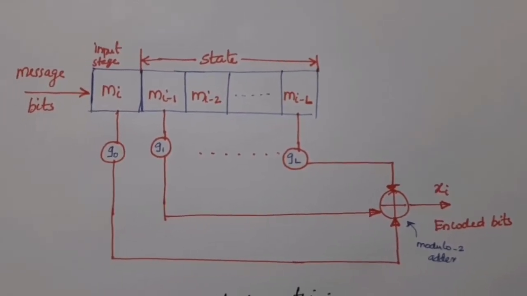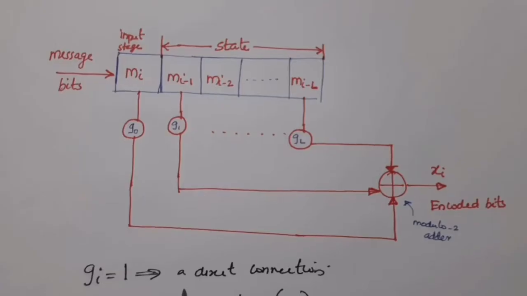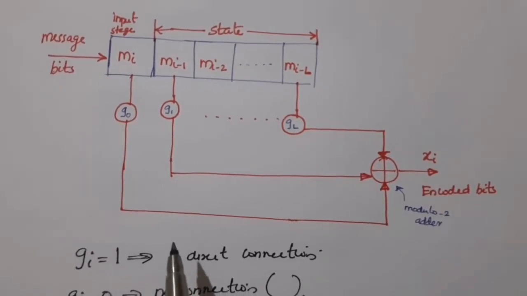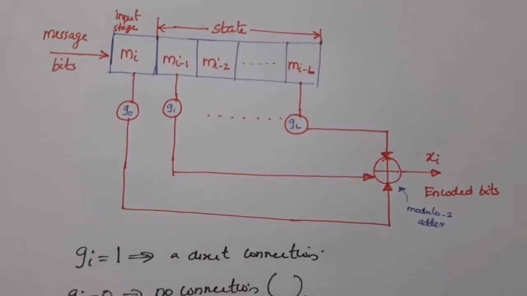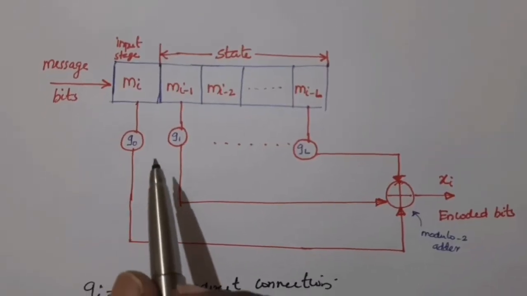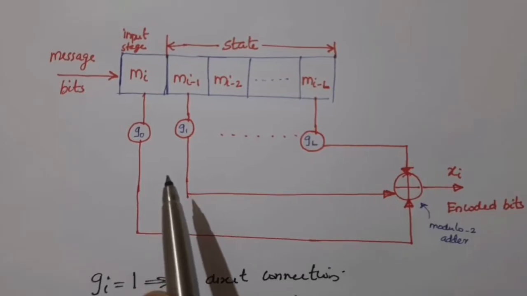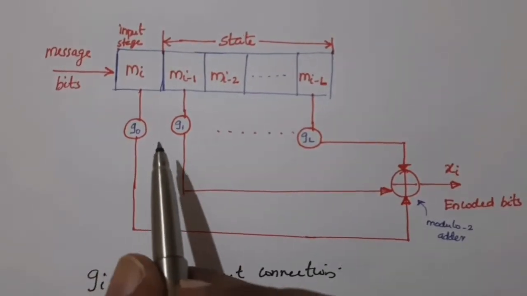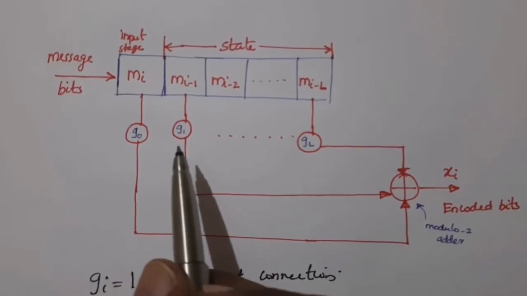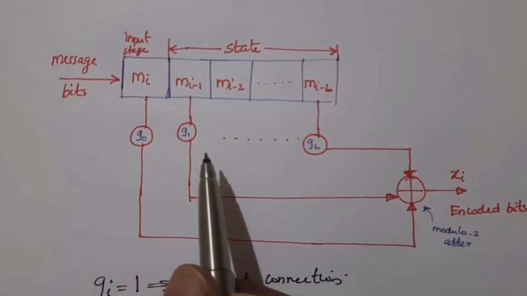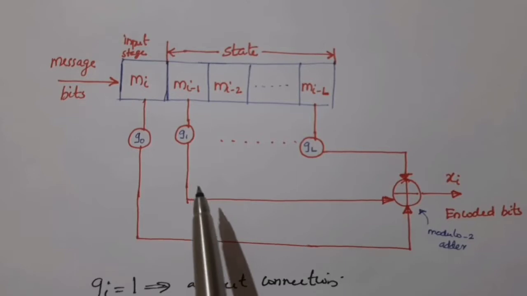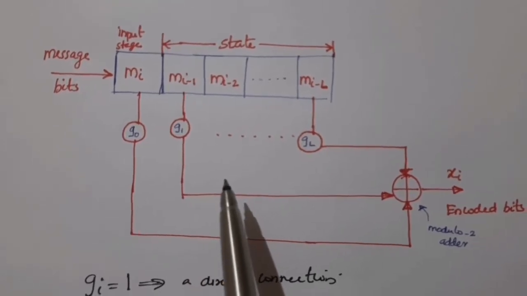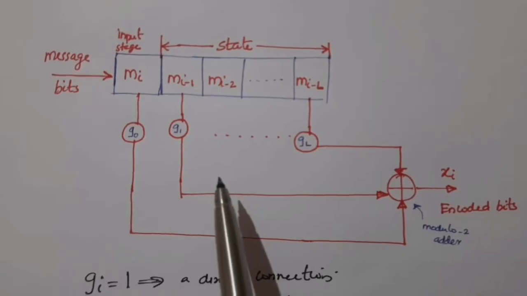Hence, there is no redundancy introduced, and so no error detection and correction capability exists for the code produced by this simple encoder. Also, each message bit shifted into the input stage has to go through all the L+1 stages. Thus, each message bit influences L+1 successive encoded bits coming out from the encoder.